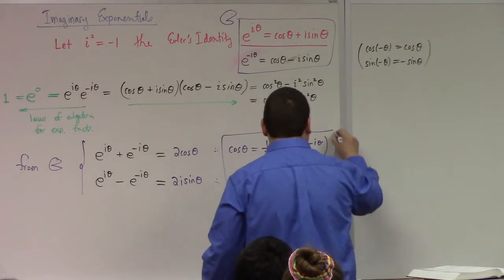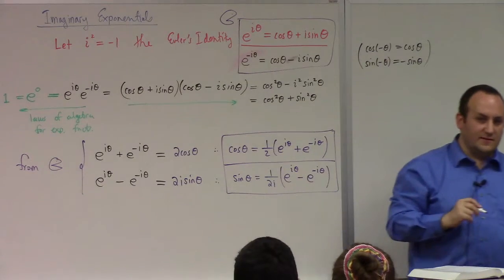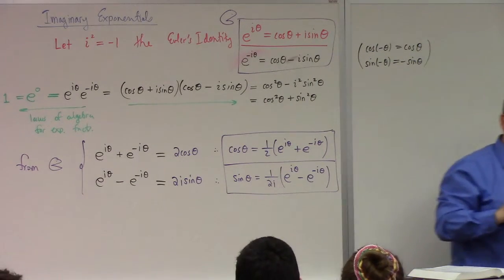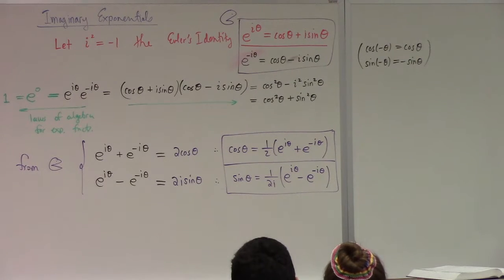Imaginary exponentials sound kind of scary, but they're actually very simple. They just obey the usual laws of exponents. So you can use the usual laws of exponents to derive trig identities.